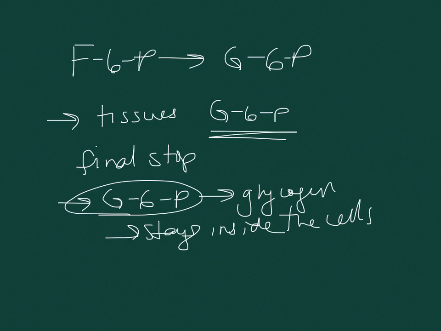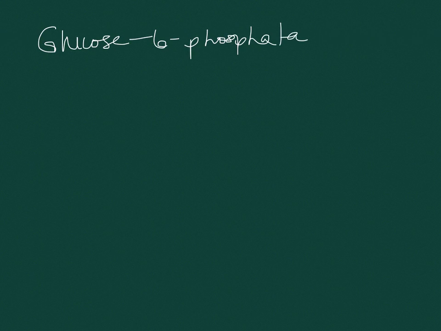All right. In order to get glucose 6-phosphate out of the cell, we have to look at the last enzyme of gluconeogenesis. Okay, and that enzyme is glucose 6-phosphatase. Okay.